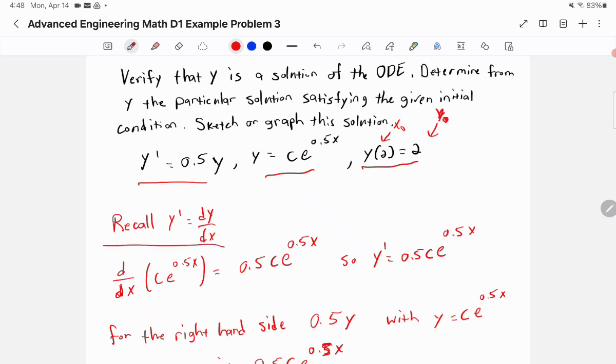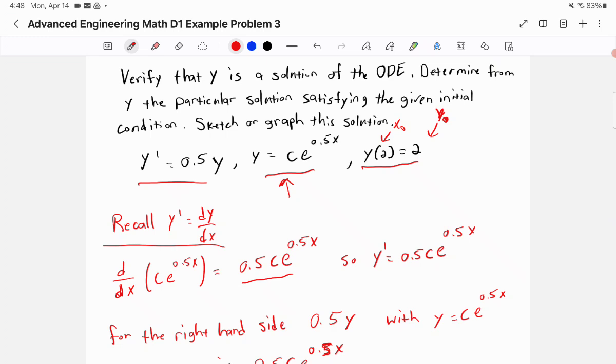Now, again, we're going to recall that y prime is equal to dy/dx, so I should be able to take the derivative of this c e to the 0.5x with respect to x. It's fairly simple. Technically this needs the chain rule, but you should remember the process for exponentials that only have an x in the exponent.